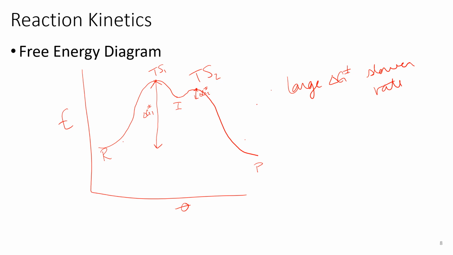So these energy diagrams, we can use them to help us predict what is the slowest step, what is the rate determining step, what is the step that's going to dictate our kinetics. And in this reaction that I have drawn on the board, it is going to be that first step that is going to be the slowest step.